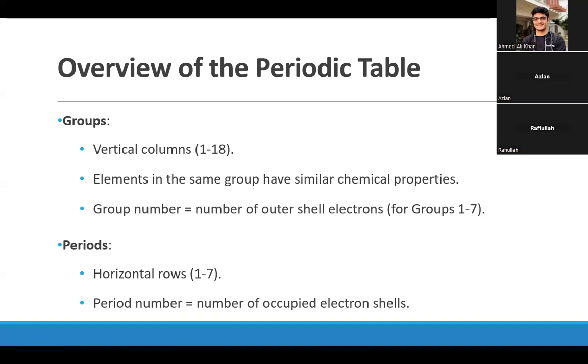It starts with a V. Rafi, would you like to try? कौन सा नंबर? Group number जो है, it represents the number of electrons in the outermost shell, right. Outermost shell का दूसरा नाम क्या होता है? Yes, वैलेंस शेल. Yes, exactly, valence shell.